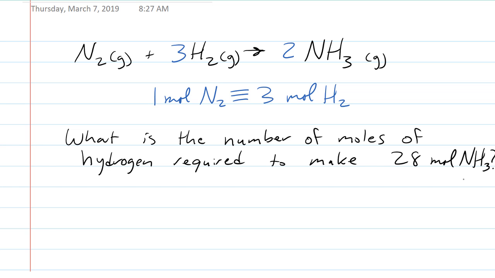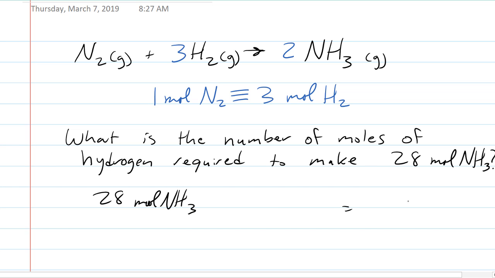So now if we're going to do this one, we start with what we're given. What we're given is 28 moles of NH3. What are we looking for? Moles of hydrogen, which would be moles of H2. Exactly.